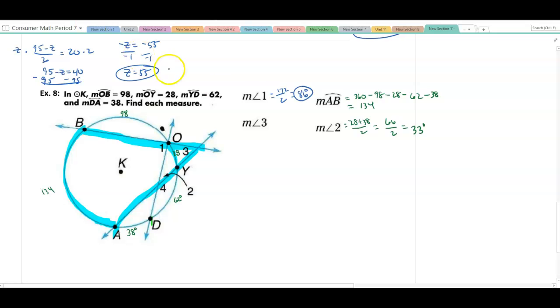And an outside angle is basically the far arc, which in this case is 134, minus your near arc, which is 28, subtract, divide by 2. That gives you 106 divided by 2, which is 53 degrees.